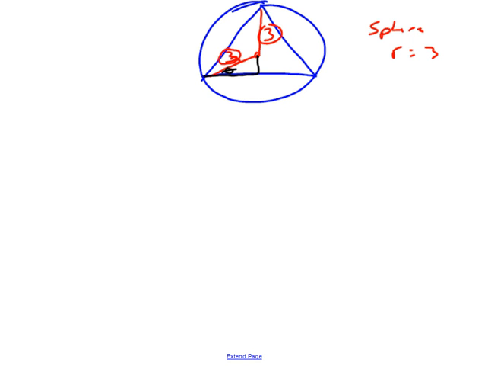Make this more clear, that's 3. So what does that mean? That means that this height here, using trig, is 3 sine theta, and this length here, using trig, is 3 cos theta.